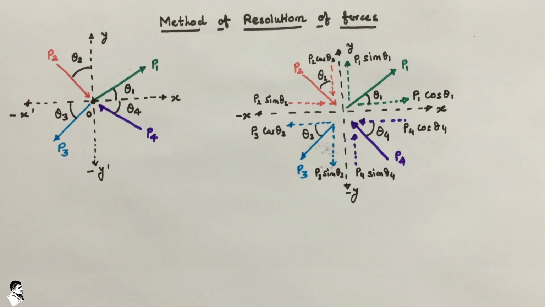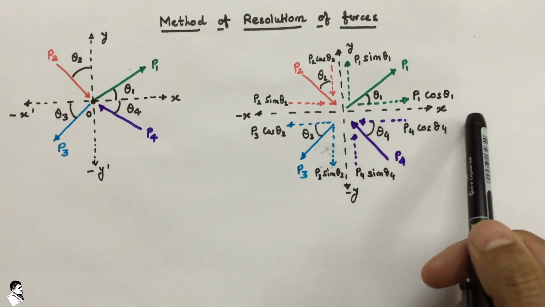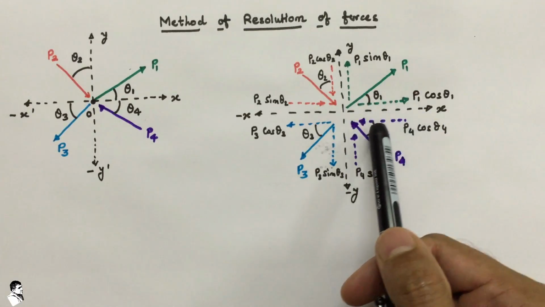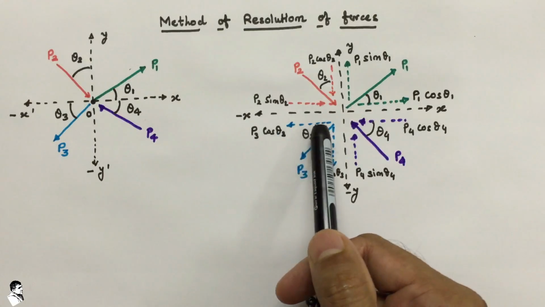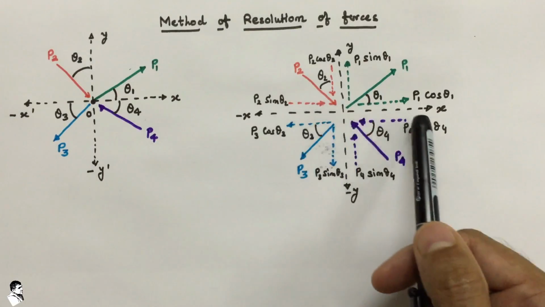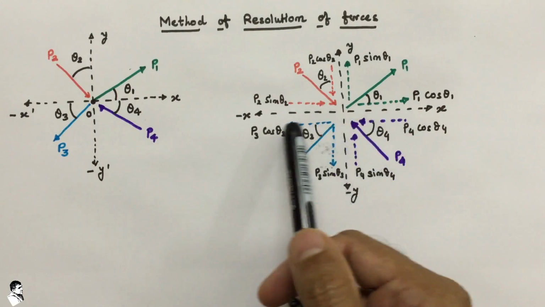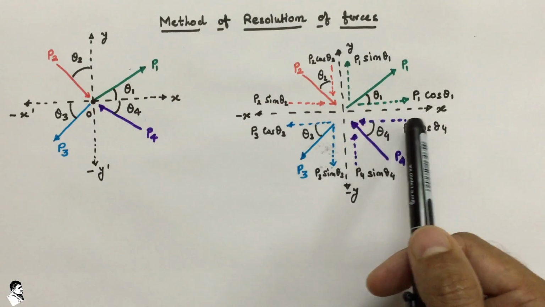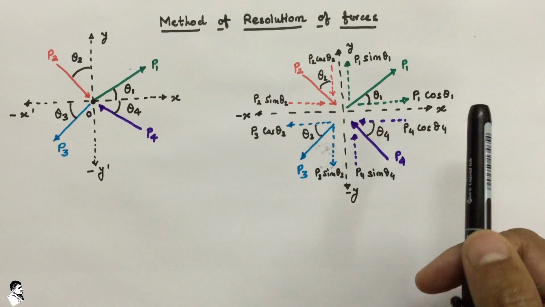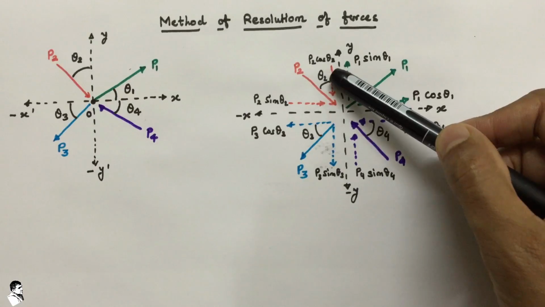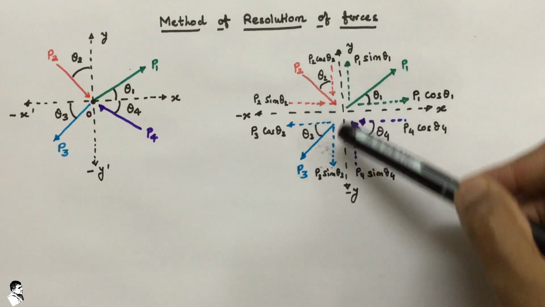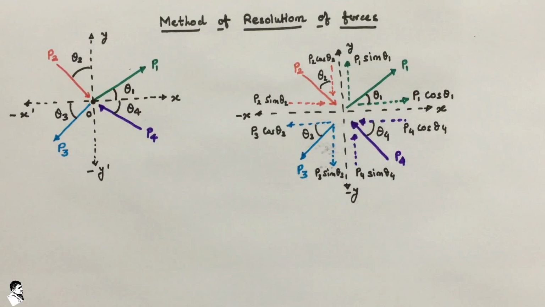Now the force components along the x-axis, this one, this one, this one and this one, are required to be added, and the components with respect to the y-axis are required to be added. But the main thing is that we have to take care of the sign convention.